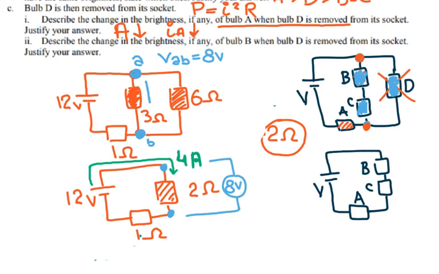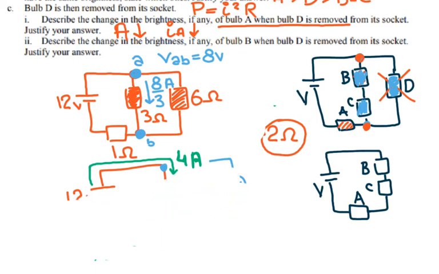Then the current through your 3 ohm resistor, which is where our B is located, is 8 over 3 amps. I don't need the bottom circuit anymore, so I'm going to erase it. I just needed to see that that was 8 volts.